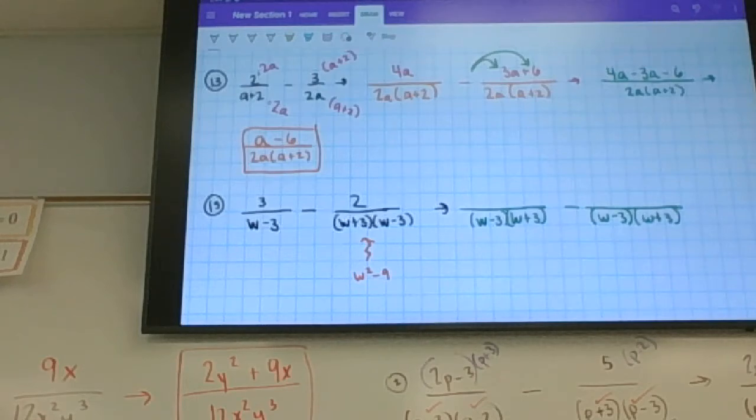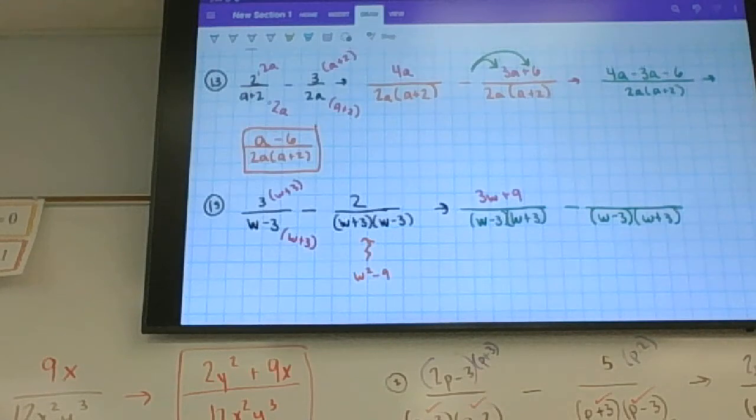Alright, so my first denominator, my original, it didn't have the whole W plus 3 in it, so I'm gonna multiply it in. My second denominator did have the original everything in it, so I will just keep it.